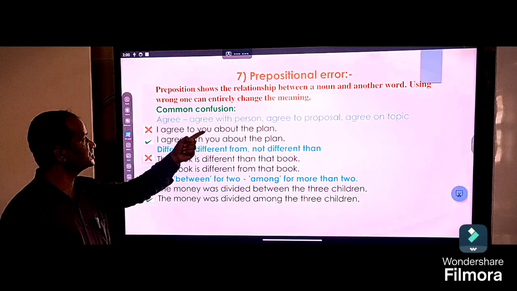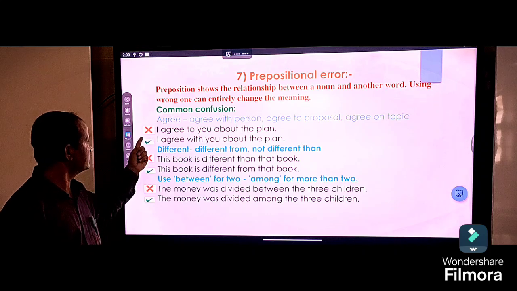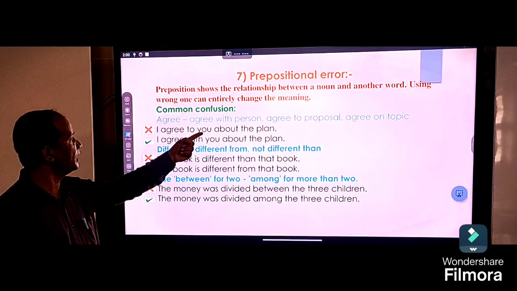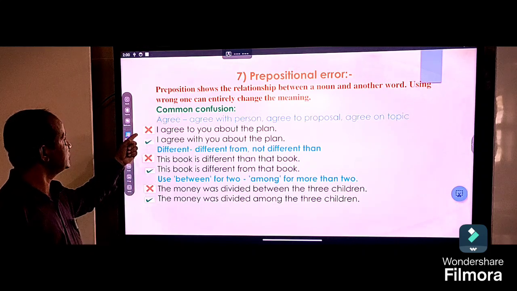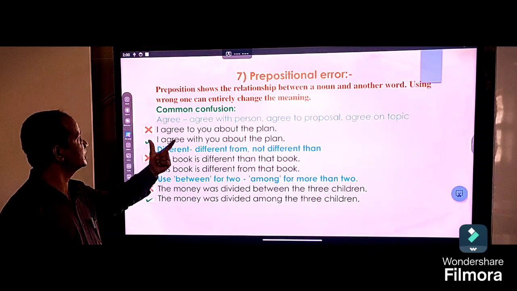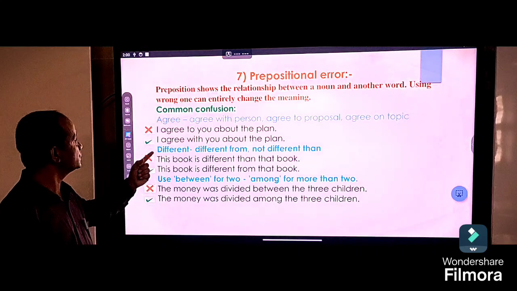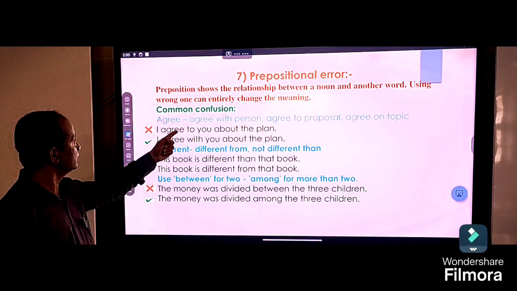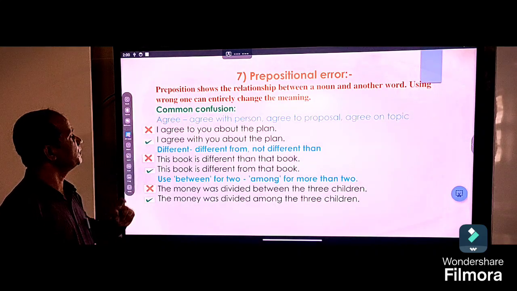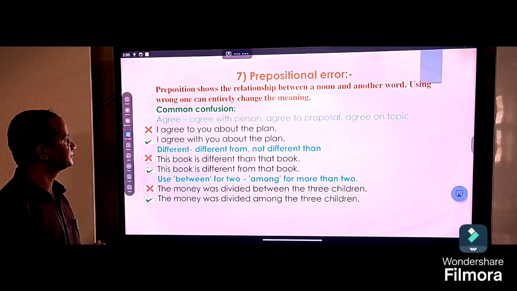For example: I agree to you about the plan. The sentence is incorrect because we have to use the proper combination, that is agree with person. Here you is a person, so we have to use with, not to. I agree with you about the plan.